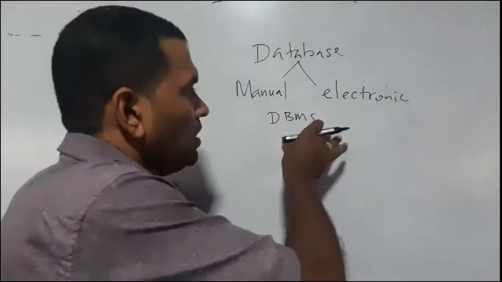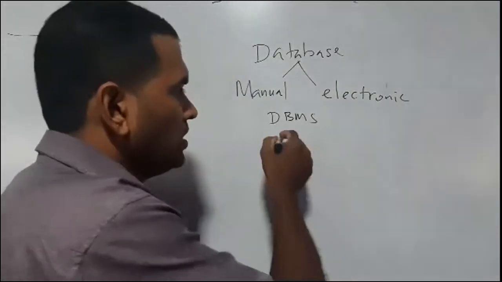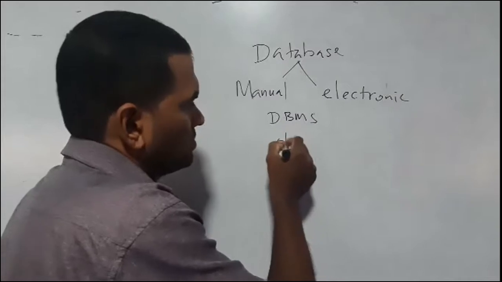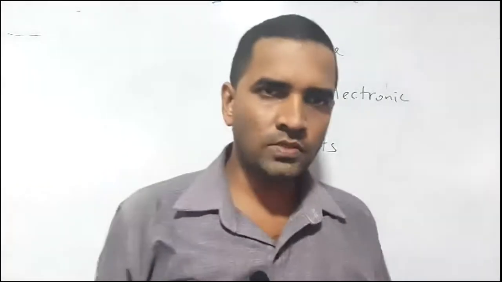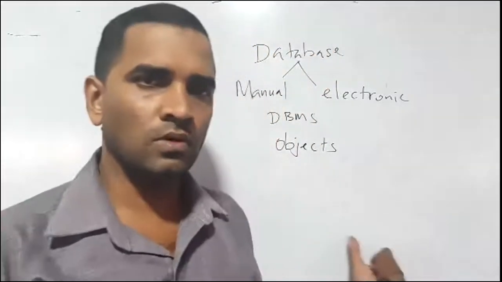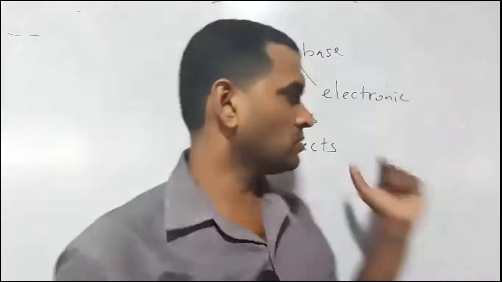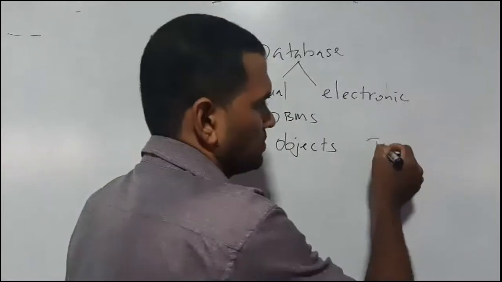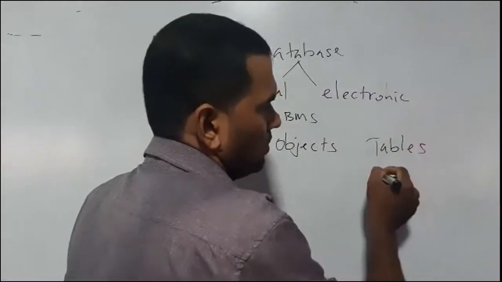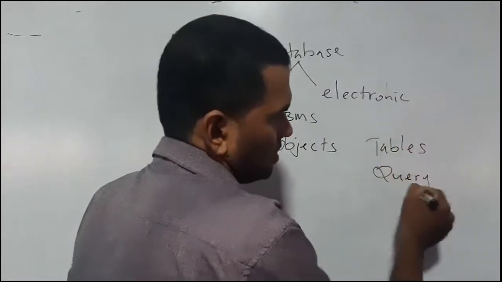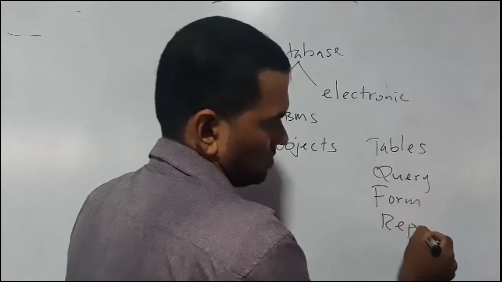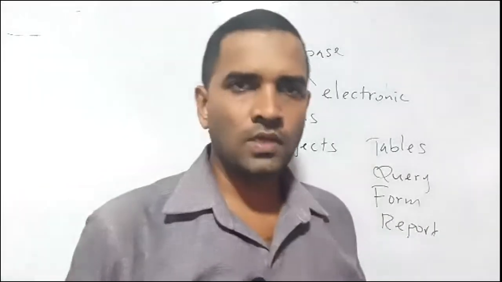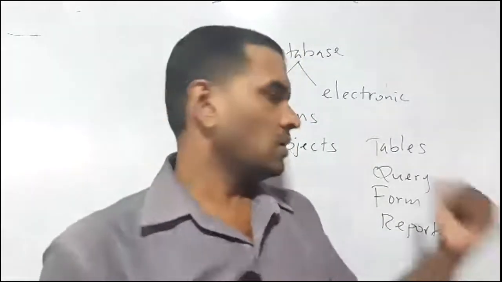Okay. Then we took the database objects, right? There are some objects used in database for managing the data. So we have tables, query, form, and report. These are called database objects.